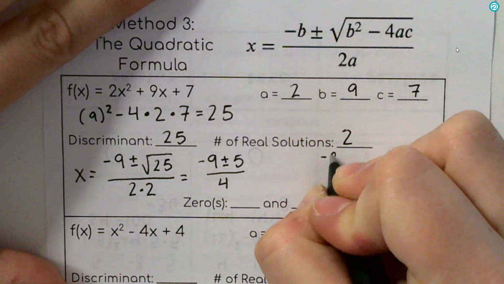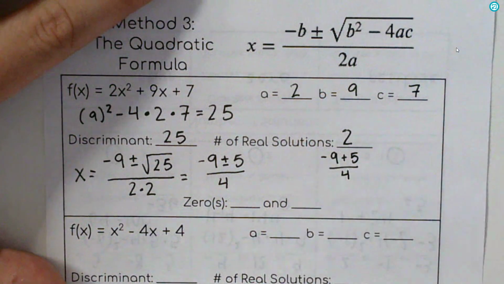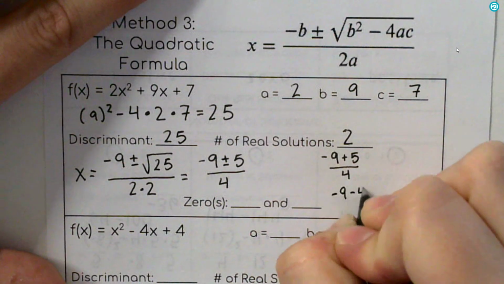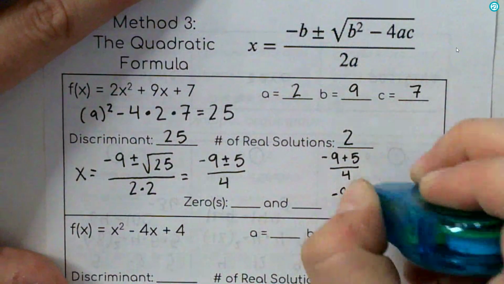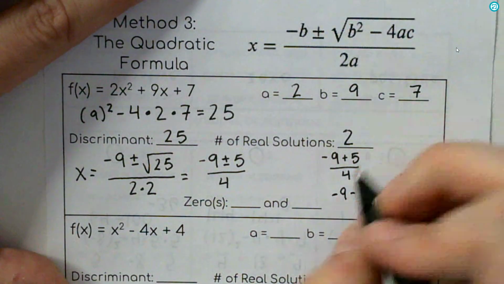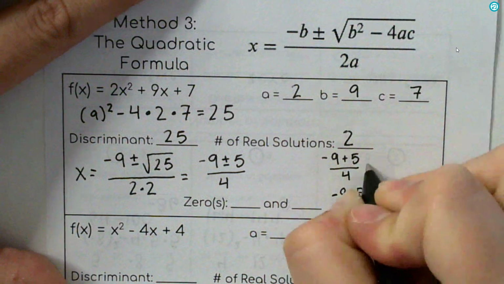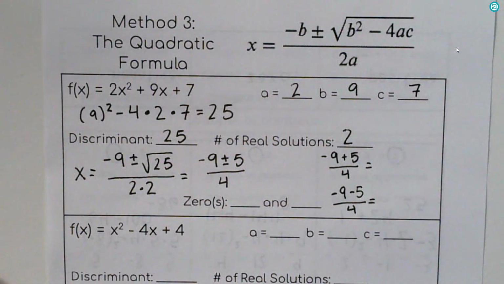It's going to be negative 9 plus 5 over 4. And then my other answer is going to come from negative 9 minus 5. I just miswrote that. I accidentally put a 4. Minus 5 over 4. So when I say plus or minus, I mean at the end, I'm going to do a plus version and a minus version. So I'm splitting it out into my 2 different versions.